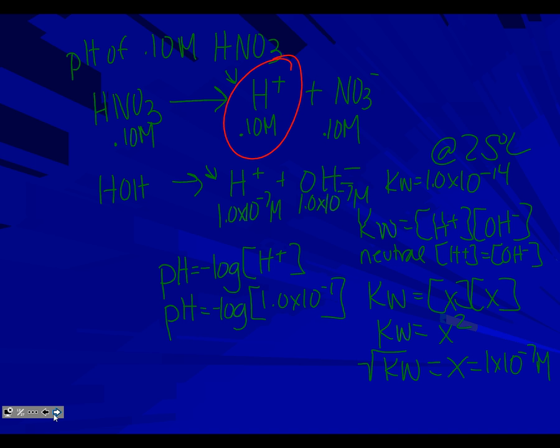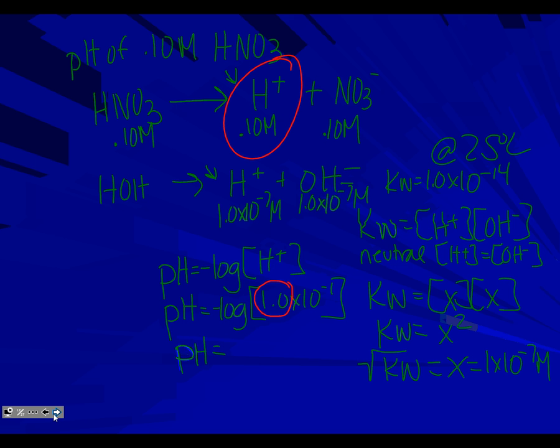As long as your coefficient is 1, it only works when the coefficient is 1, all you have to do to come up with your pH is take the opposite of the exponent.